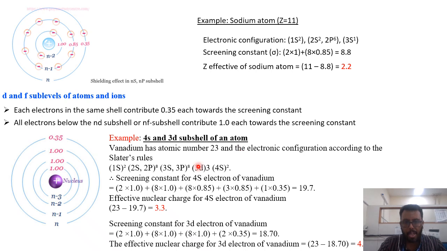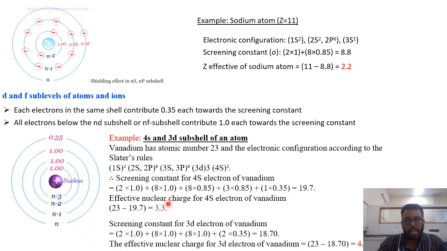The remaining, how many electrons? 2, 2 plus 8, 10, 10 plus 18, 18, 18 plus 3, 21. You can substitute in this and easily calculate. Individually they have put it, but you can also directly substitute and calculate the value. 23 minus 19.7, you will get 3.3 in this case.